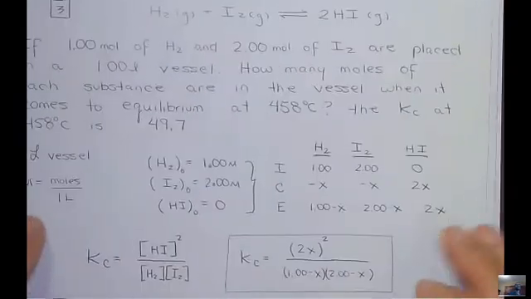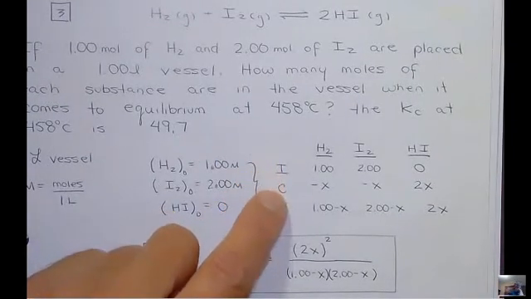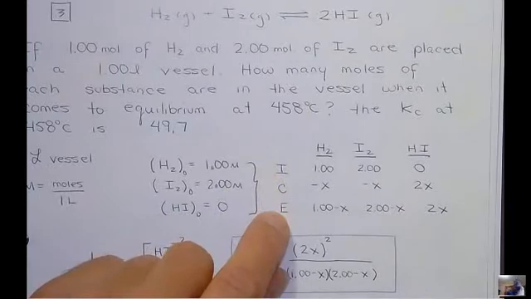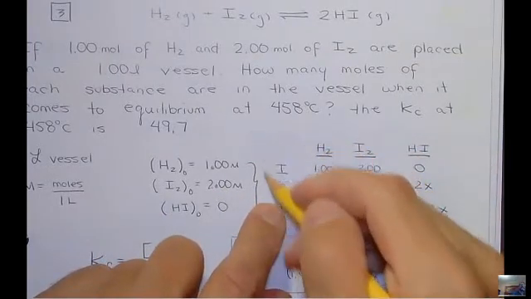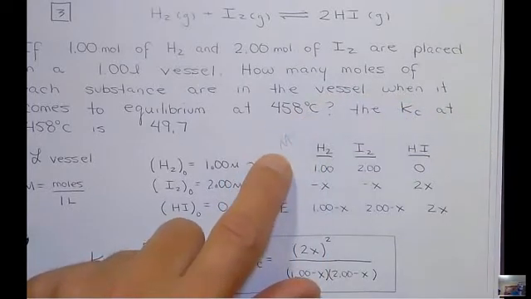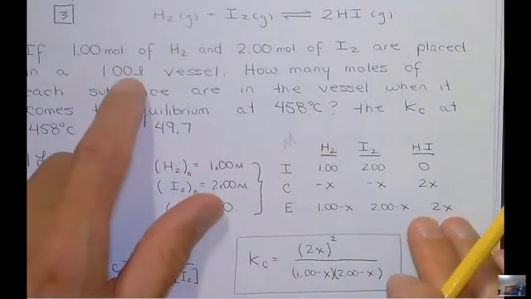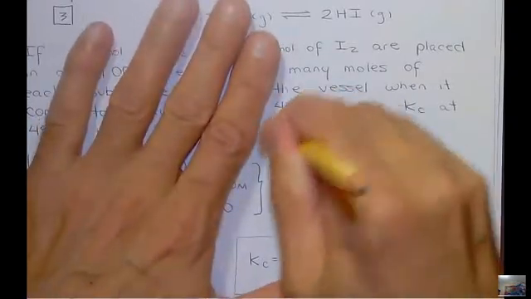Good. All right, let's do our ice table. I is the initial concentration. C is the change. E is the equilibrium concentration. The ice table has got to be in moles per liter. Molarity, molarity, molarity. It has to be in molarity, not moles. Okay? In this case, moles was the same as molarity. If it isn't, make sure you get to molarity.